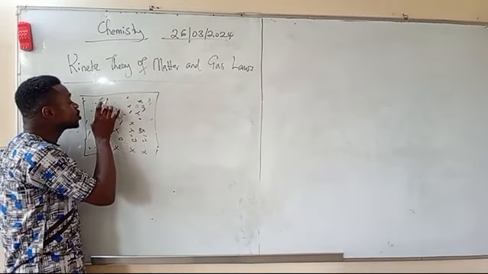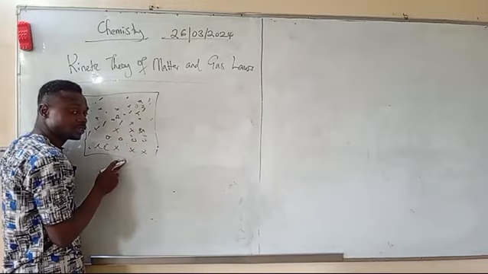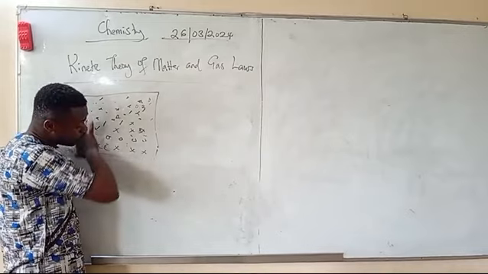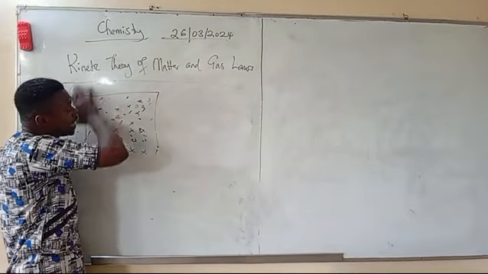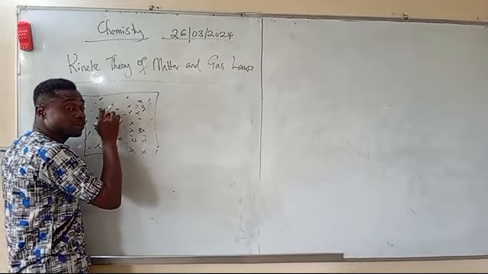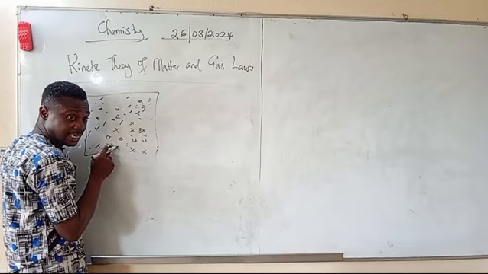Each of these gases exerts its own pressure. The pressure exerted by the entire mixture is equal to the sum of the partial pressures of these individual gases. Is it clear?